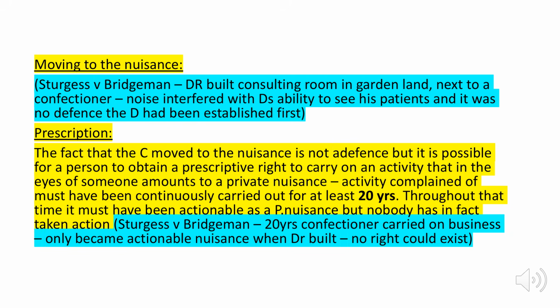The fact that C moved to the nuisance is not a defence, but it is possible for a person to obtain a prescriptive right to carry on an activity that, in the eyes of someone, amounts to a private nuisance. However, the activity complained of must have been continuously carried out for at least 20 years. Throughout that time, it must have been actionable as a private nuisance, but nobody has in fact taken action. So Sturges v Bridgman.